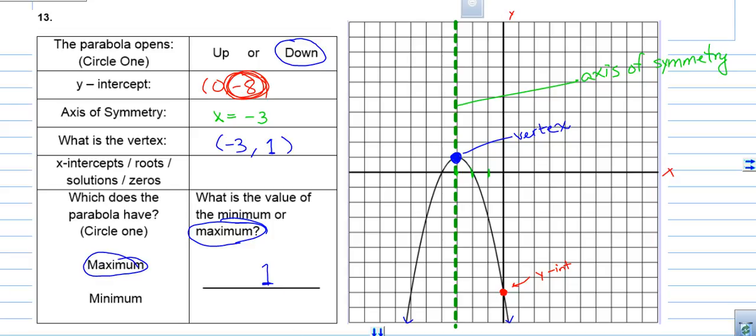Okay? So now our x-intercepts, our roots, our solutions, our zeros are where it touches the x-axis. So this and this are our x-intercepts, the roots, the solution, the zeros. This also would be the ground, the water, anything of that sort. Okay?